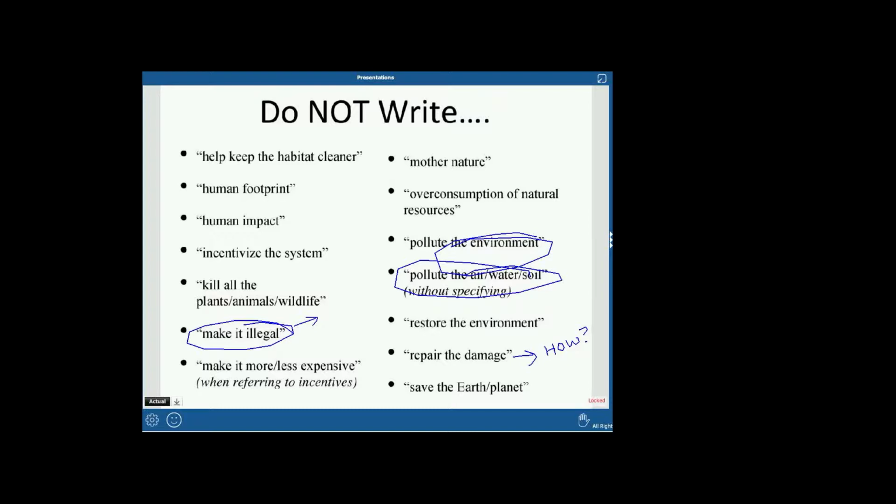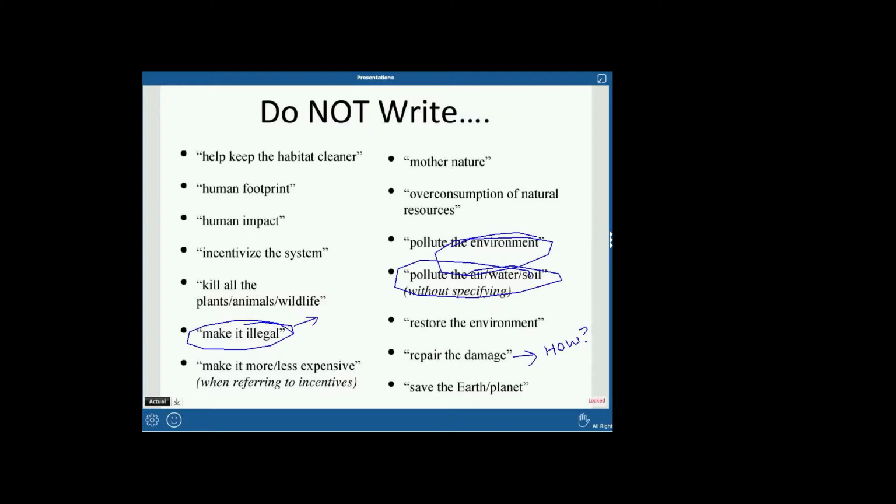What is a specific solution to that, not just repair the damage? Because they're going to want that on the AP exam, and I'm trying to pull it out of you and make sure that you know. You probably do know, but I want to make sure that they know that you know, if that makes sense.